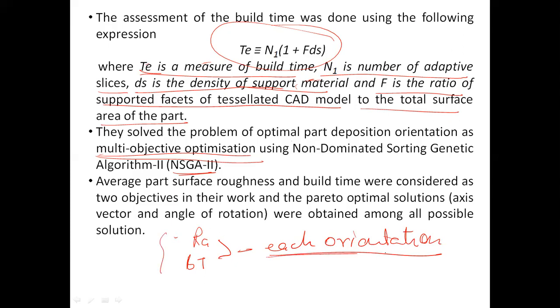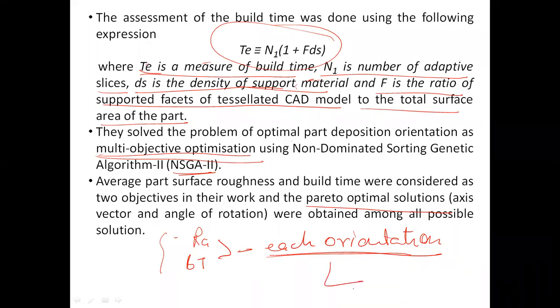And based on this, either using the Pareto graphs or the axis of rotation method, that is what we call the Pareto optimal solution, the optimal value is obtained based on the graph that is plotted for each orientation.